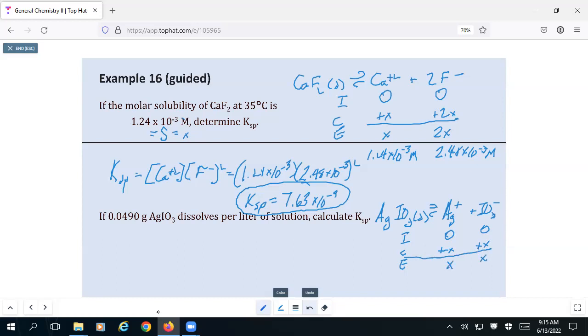Its equilibrium expression is a little bit easier because it does break down in a one-to-one fashion. So the only thing that we're missing is we need to know the molar solubility. We need to know the x.